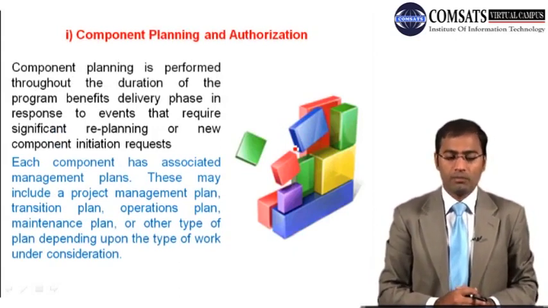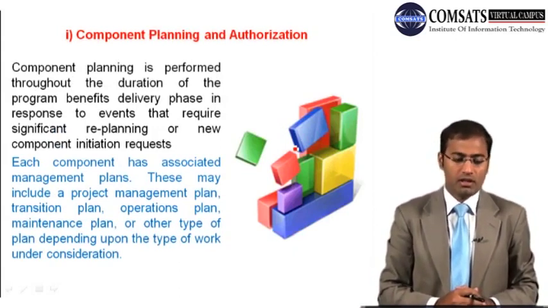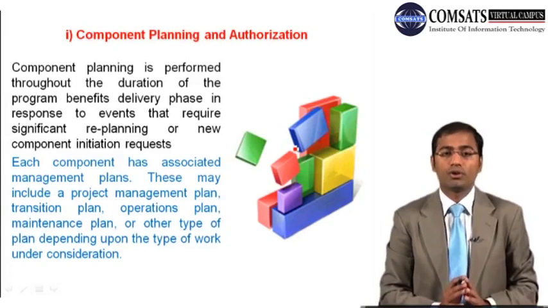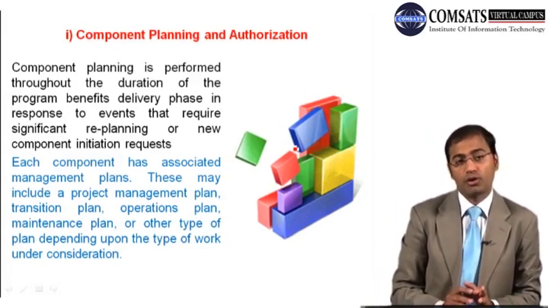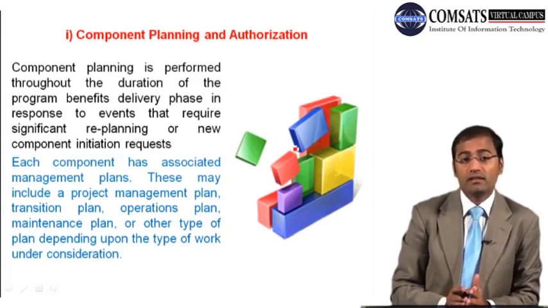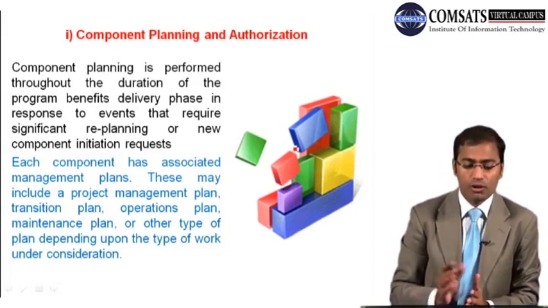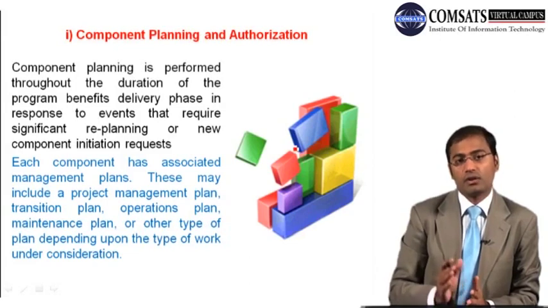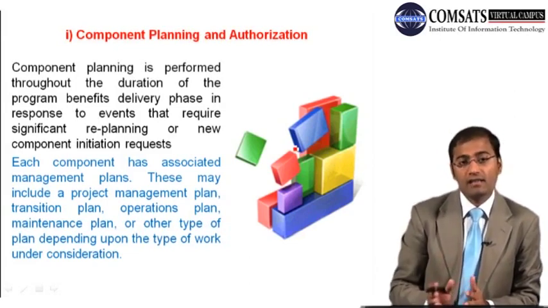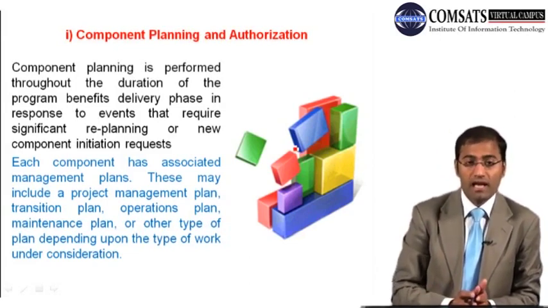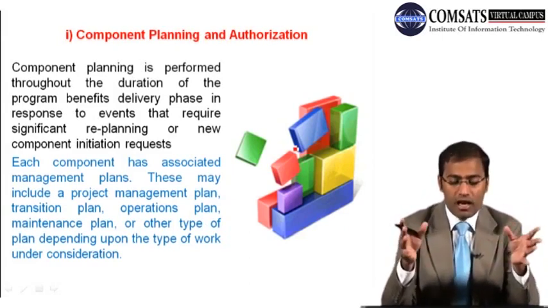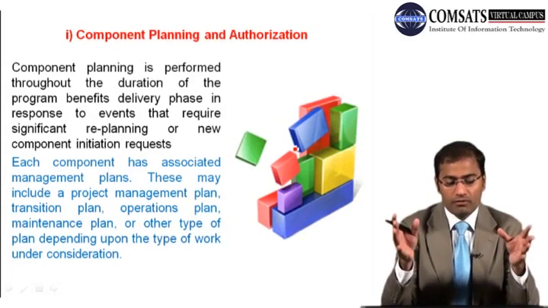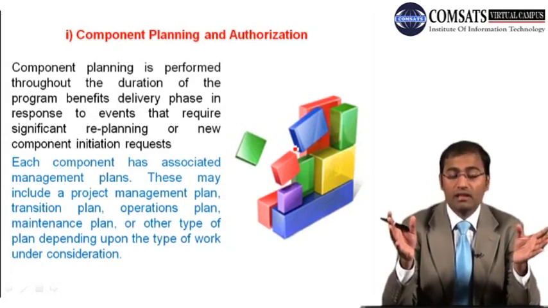So the first thing is component planning and authorization. Component planning is performed throughout the duration of the program benefits delivery phase in response to events that require significant replanning or new component initiation requests through changes. Each component has associated management plans. These may include a project management plan, transition plan, operation plan, maintenance plan, or another type of plan depending upon the type of work under consideration.